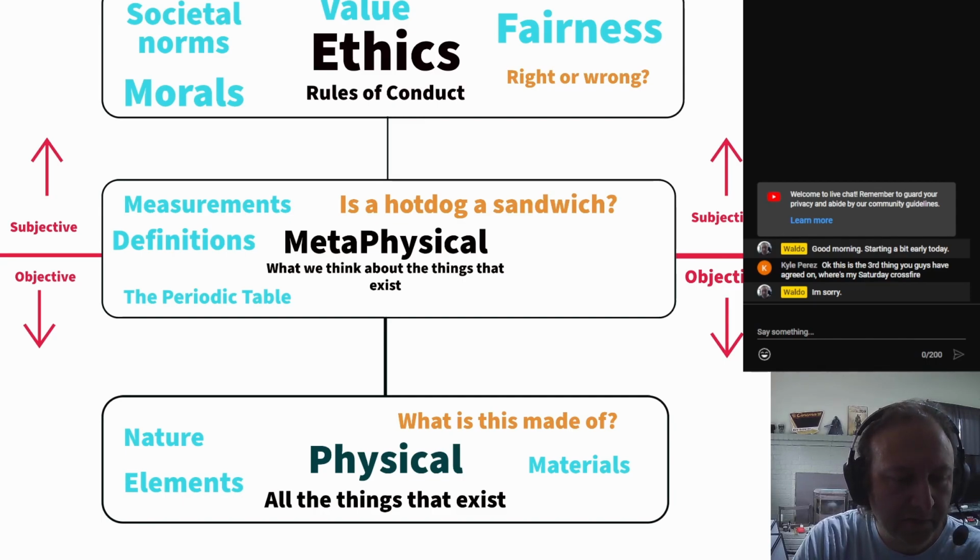So I think we're using words to give ourselves the ability to communicate properties that already exist in the world. We're describing things.